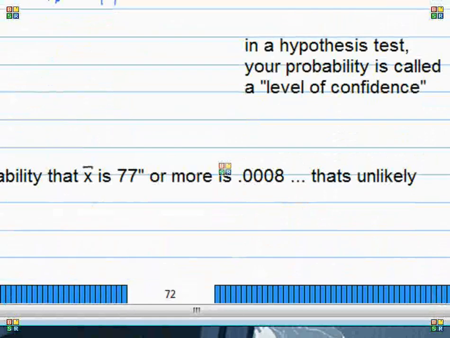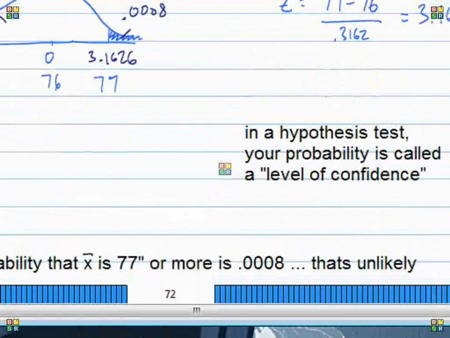So probably mu is greater than 76, right? It's probably not equal to 76, it's probably greater than 76. How likely is it that it's greater than 76? Very likely. Basically we're saying the likelihood that it is 76 is 0.0008. That's the likelihood of this happening with mu equal to 76.